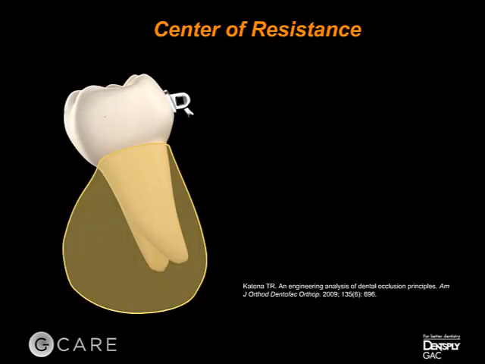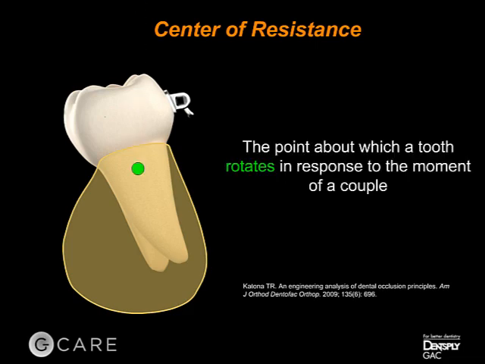So when we're looking at reference positions, the first thing we have to do, if the mandible is not going to change and our mandible is our reference position for the maxilla, is think about where the position of the mandibular teeth is supposed to be. For this, being an engineer, I really like this article by Katona in the AJO in 2009. He talks about the center of resistance, and basically his definition was that this is the point at which a tooth rotates in response to the moment of a couple.